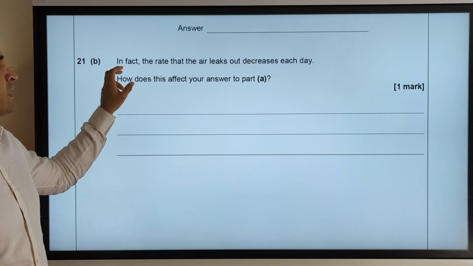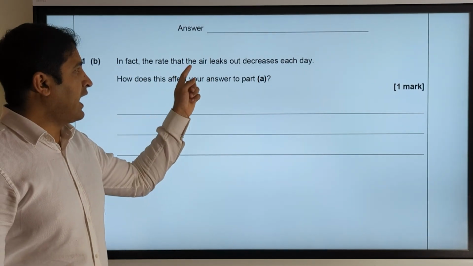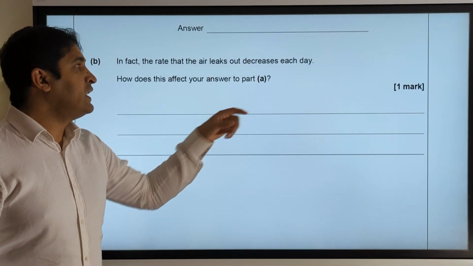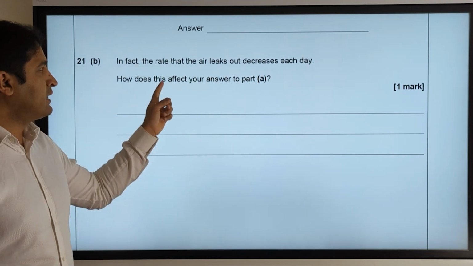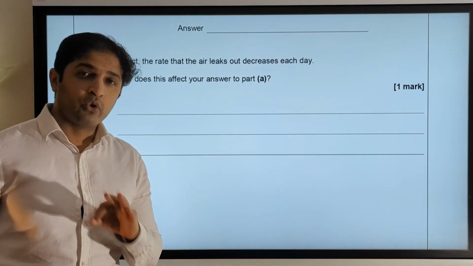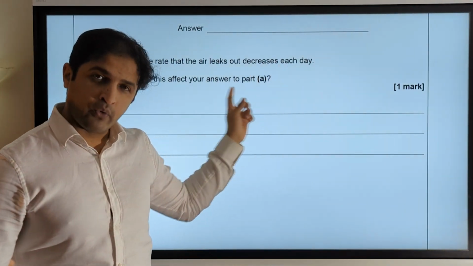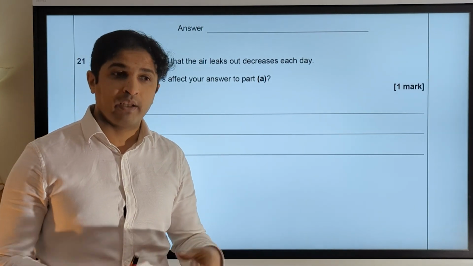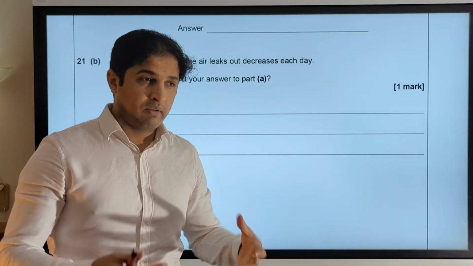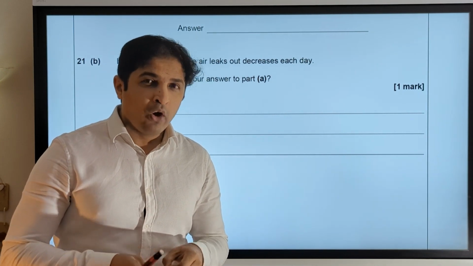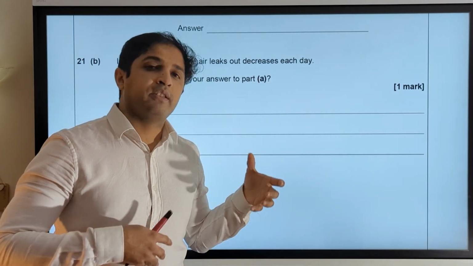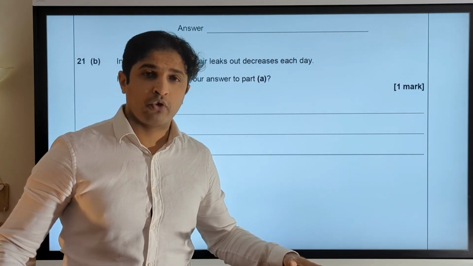But this statement here says, in fact, the rate of the air leak decreases each day. How does this affect your answer in part A? Remember, that's actually correct. It wouldn't be exactly the same rate. If you have less air in the tire, it will not leak as quickly as when it had the full air, when the pressure was much more.